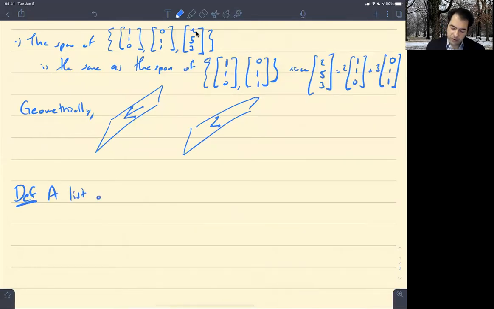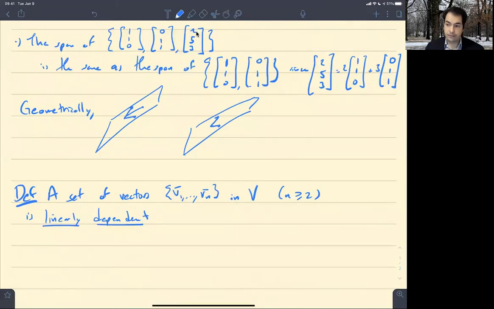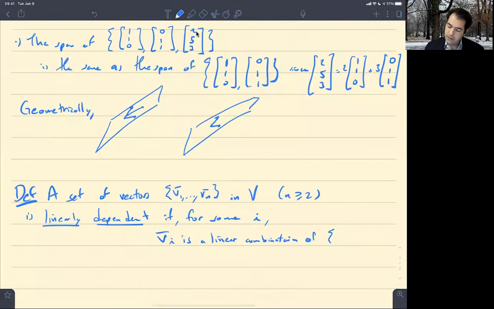So we'll say that a list of vectors, let's say a set of vectors v1 through vn in some vector space, and let's say that n is greater than or equal to 2, is linearly dependent if for some i, vi is a linear combination of the vj's such that j is not equal to i, right?